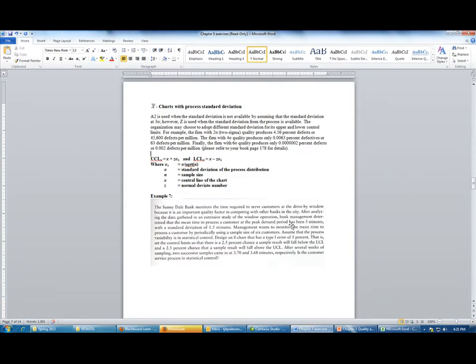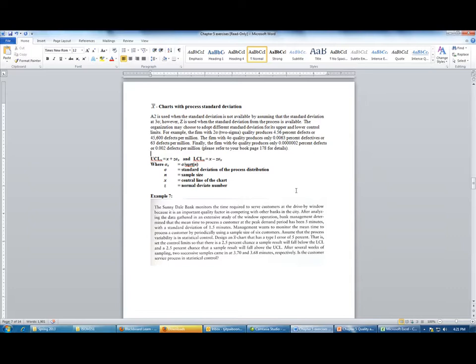Next concept we will be studying is the X-bar chart when process standard deviation is available. Organizations may choose to follow different sets of standards. An organization may not have to follow the 3 Sigma standard as their own standard.